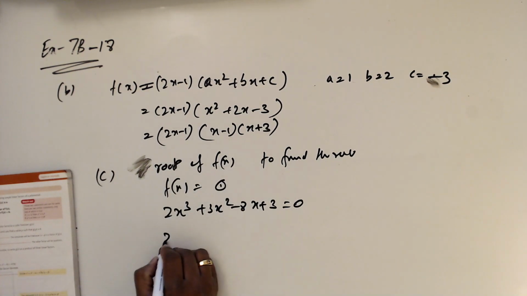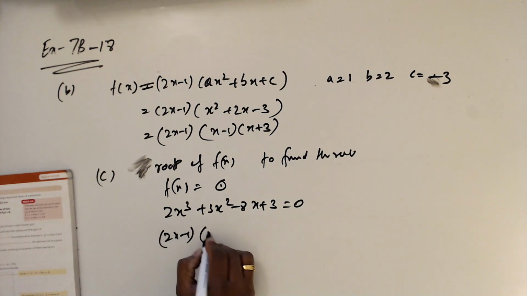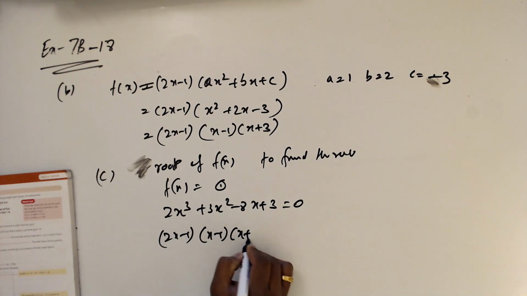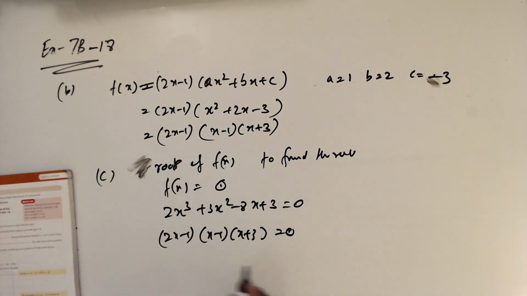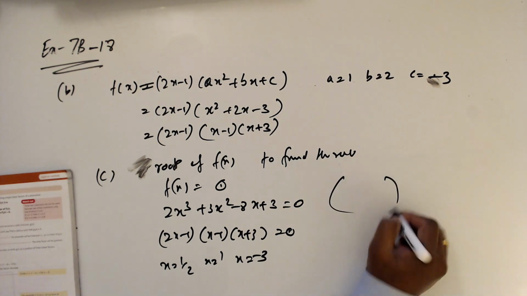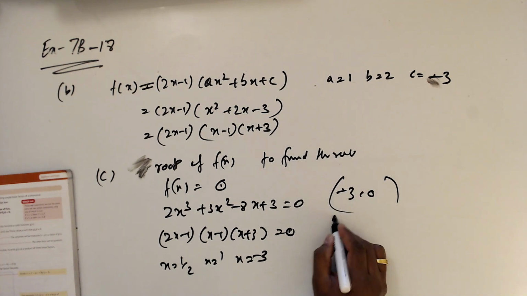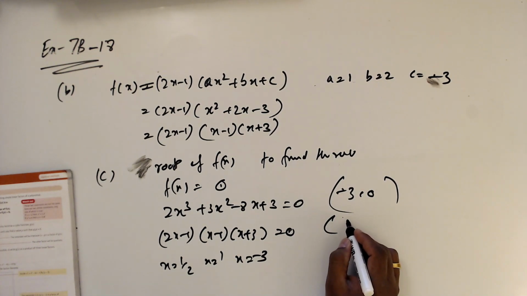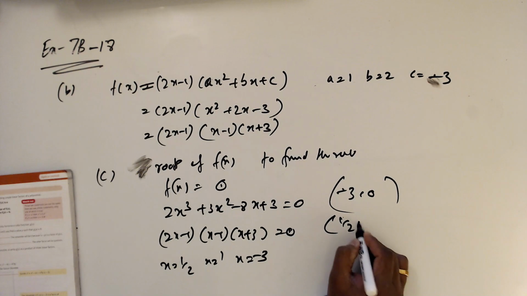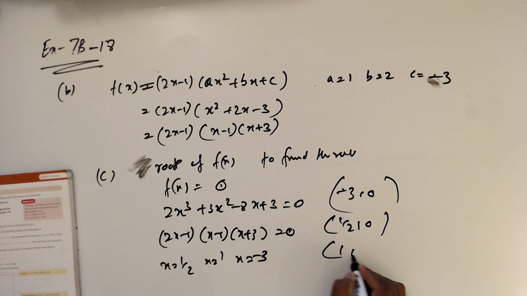Now we factorize this: 2x minus 1, x minus 1, x plus 3 equals 0. Then roots are x equal half, x equal 1, and x equal minus 3. So the roots are minus 3, 0, then half, 0, then 1, 0.